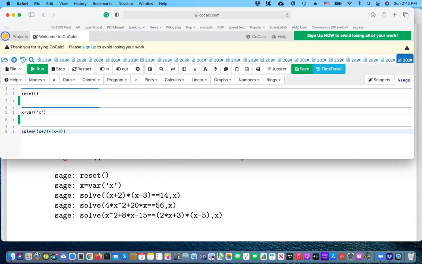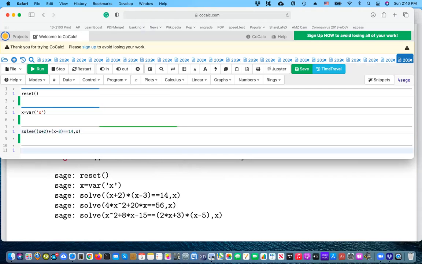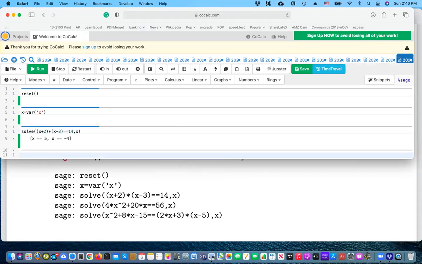I'm just typing what I'm seeing. Remember, in Sage, a double equal sign means an equation. So it's really x plus 2 times x minus 3 is equal to 14. And yes, we did this one in class, and we want to solve for x. Shift return, and it's going to return the numbers to us. Again, these are numbers that make this statement true, which is 5, and the other number is minus 4.